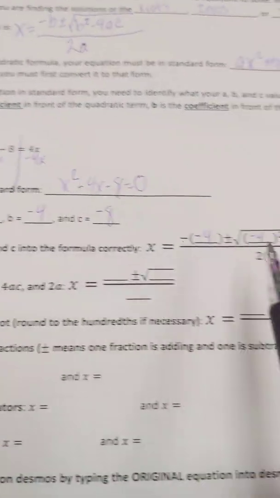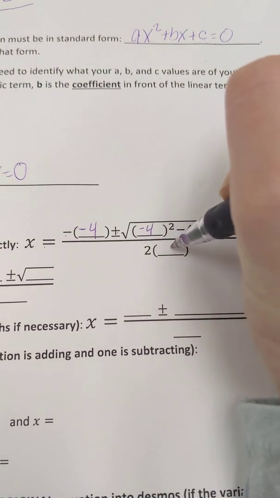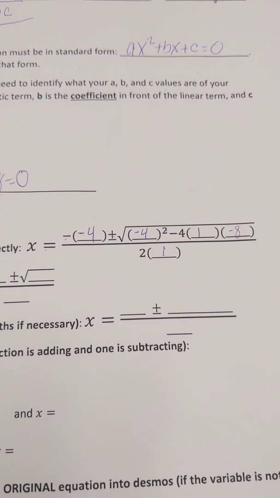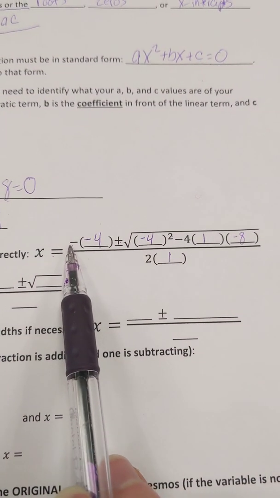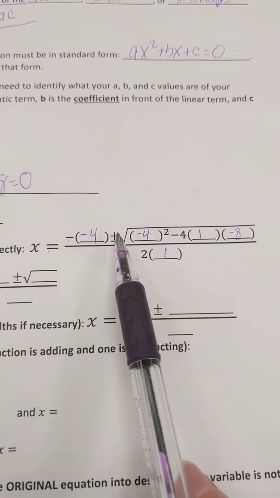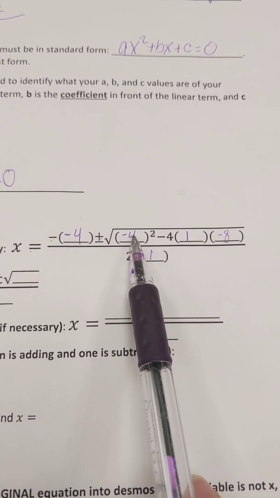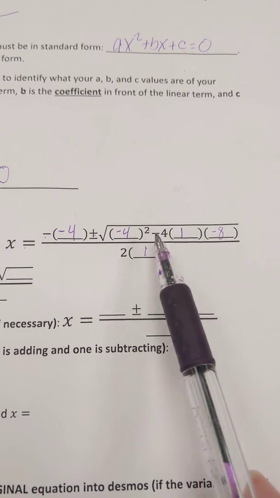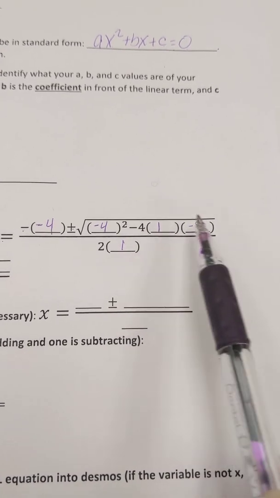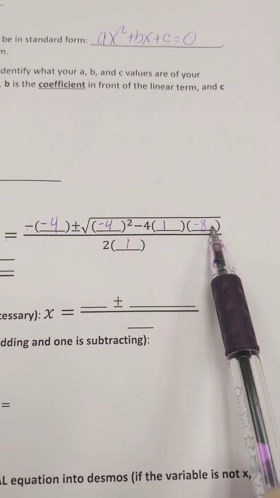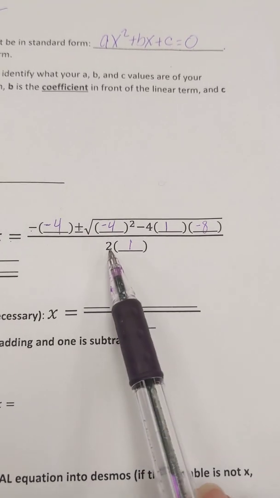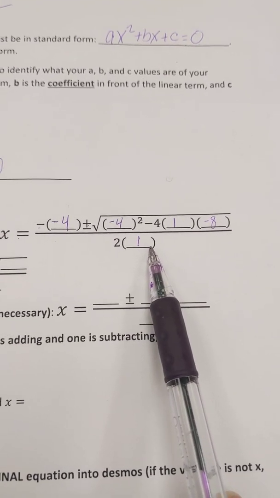So remember, a was 1, so I have 2 times 1. So I already have a negative. Plug in your b, plus or minus the square root, b, and then it's going to get squared, -4 times the a, and then times c, and then all divided by 2 times a.